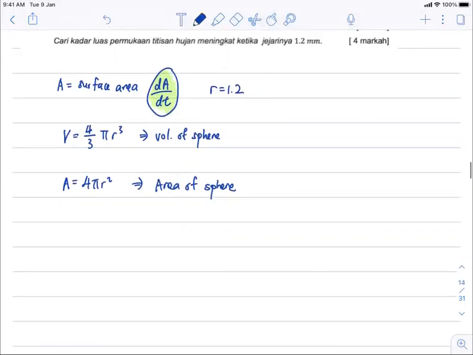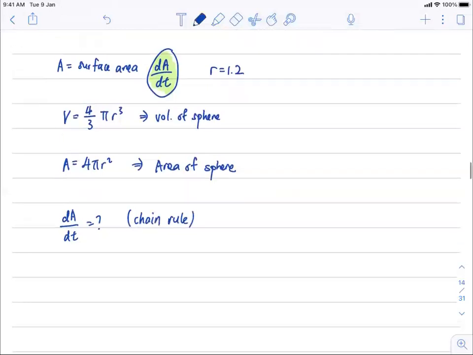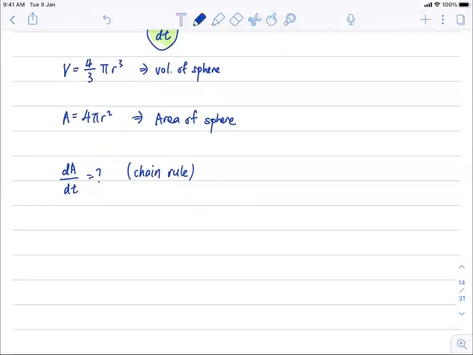In order to find dA over dt, we need to use this thing called the chain rule. So the chain rule looks like this. For example, we want dA over dt, equal to something multiplied by something.